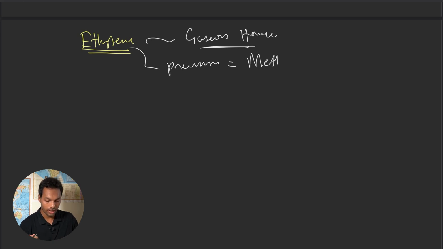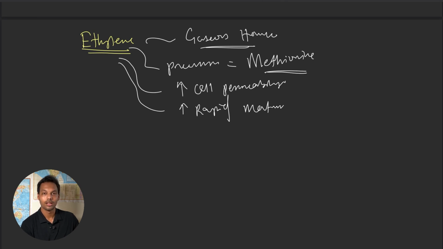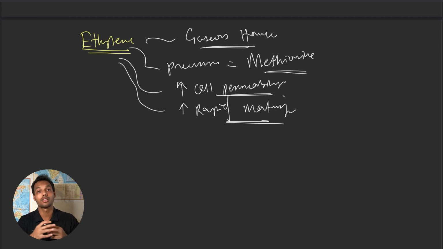Ethylene increases cell permeability and rapid maturity. In day-to-day life, fruit vendors use ethylene for the ripening of bananas and different fruit crops. So these are the different phytohormones we have discussed, and they are important.